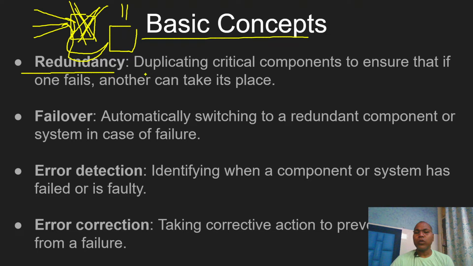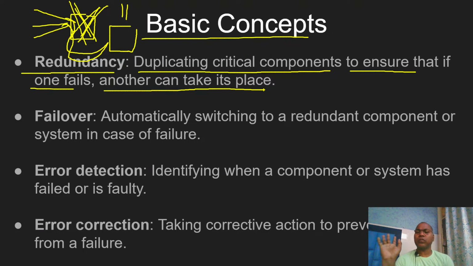So here, we duplicate critical components to ensure that if one fails, another can take its place. The simple way: if you know this is my payment system, or my profile system, or my product system, and it is critical, I don't want my payment to fail if the customer has already ordered.